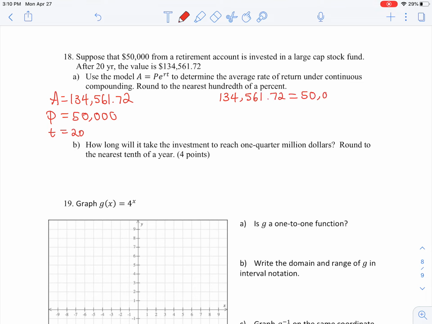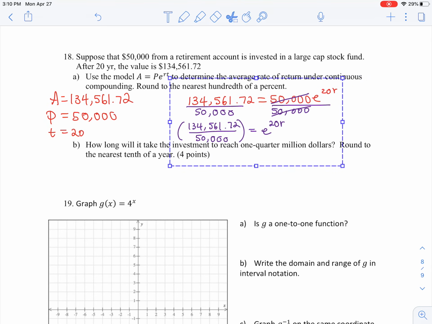134,561.72 equals 50,000 getting multiplied by e to the 20 times r. Let's divide both sides by 50,000. So, you know what? I'm going to keep this fraction, 134,561.72 divided by 50,000, because I'm not going to round it in the middle of a problem. e to the 20r power. Now, what will you do to both sides at this point?